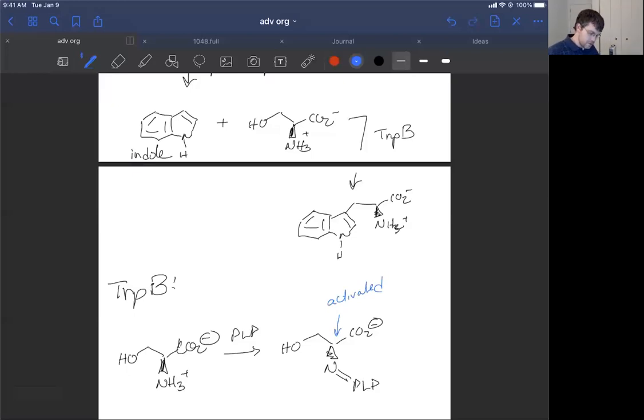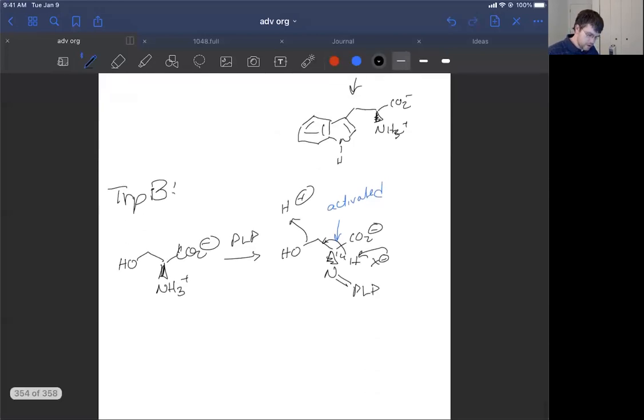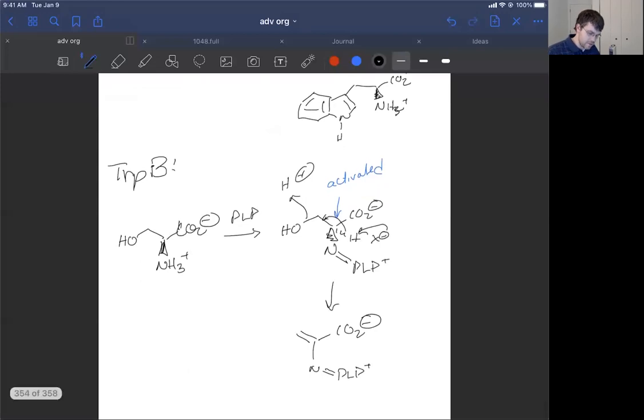So we're actually going to do a dehydration reaction to lose water and form an electrophilic intermediate, and this is PLP plus in this form. We have an electrophilic intermediate, which is going to react with a good nucleophile. In this case, we're going to pick on indole, which is nucleophilic. Draw arrows to show this at the 3 position.